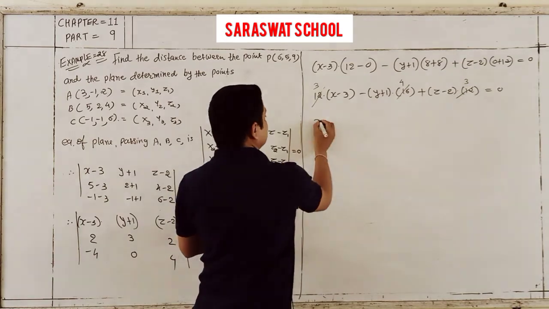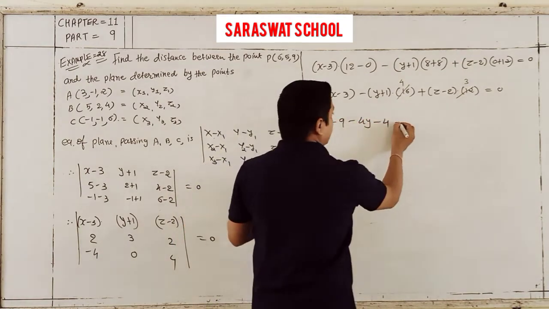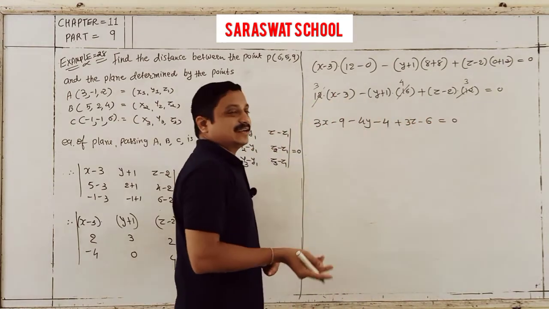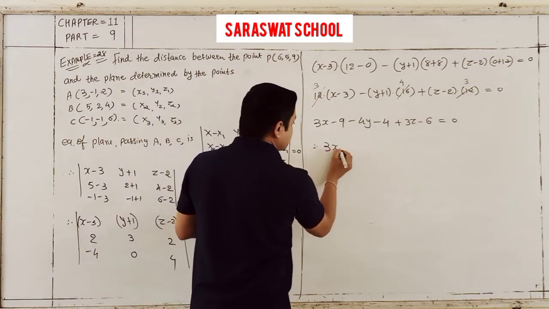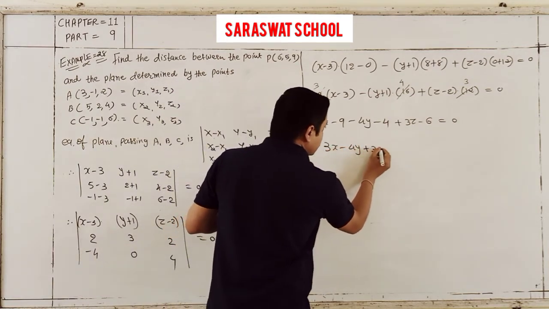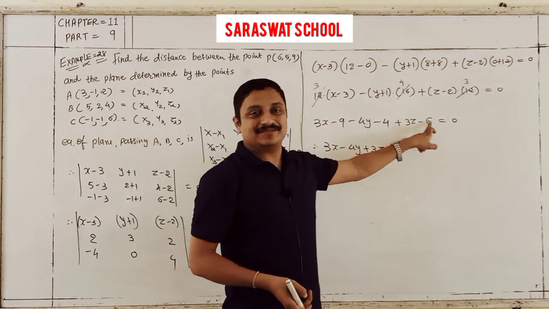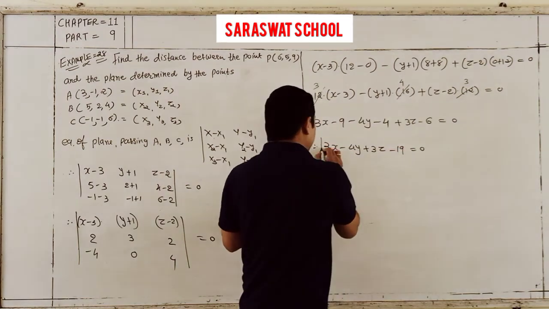So my answer is 3x minus 9, 4y minus 4 and 3z minus 6. Now easily, your answer, students: 3x minus 4y plus 3z, and 9 and 6 is 15, 15 and 4 is 19. That's your plane equation.